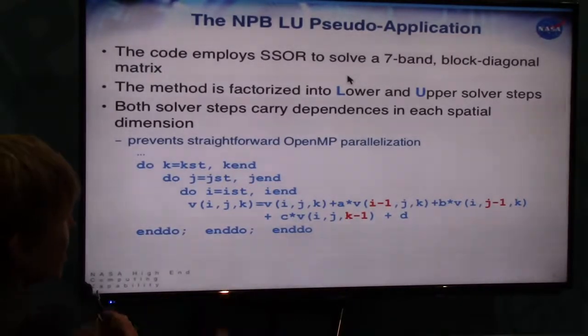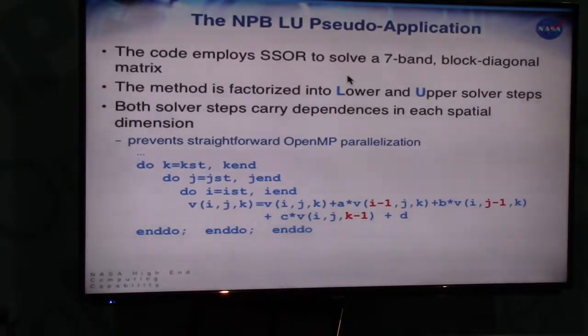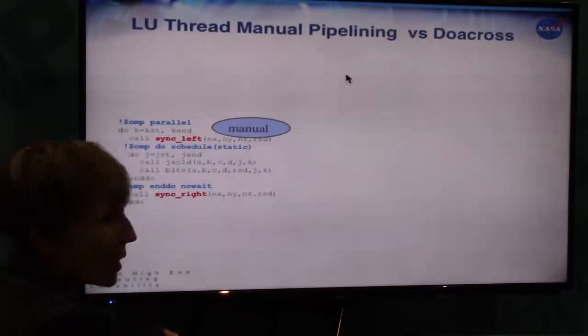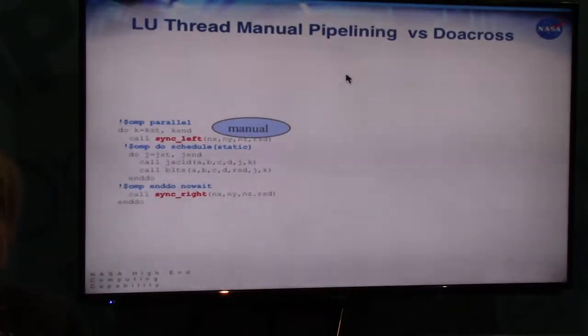It's indicated here in this code snippet, and obviously there is no straightforward way to just easily put an OpenMP directive in and parallelize that. It's just not parallel. However, if you put your brains and a lot of time and effort into it, you can actually achieve a pipelined execution of the threads.